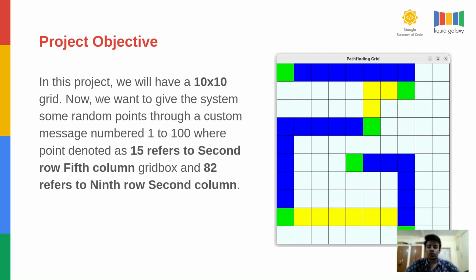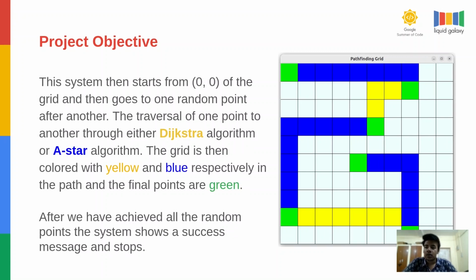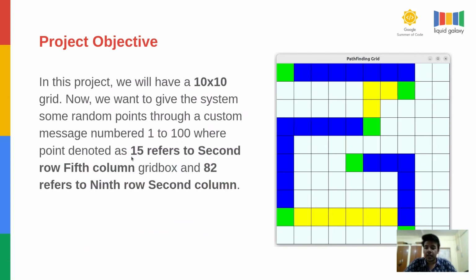Right. So next, what happens after we have passed these box numbers? The system starts from 0 comma 0 of the grid and then goes to one random point after another. So which random points have we generated previously? Random points like 15, random points like 82.